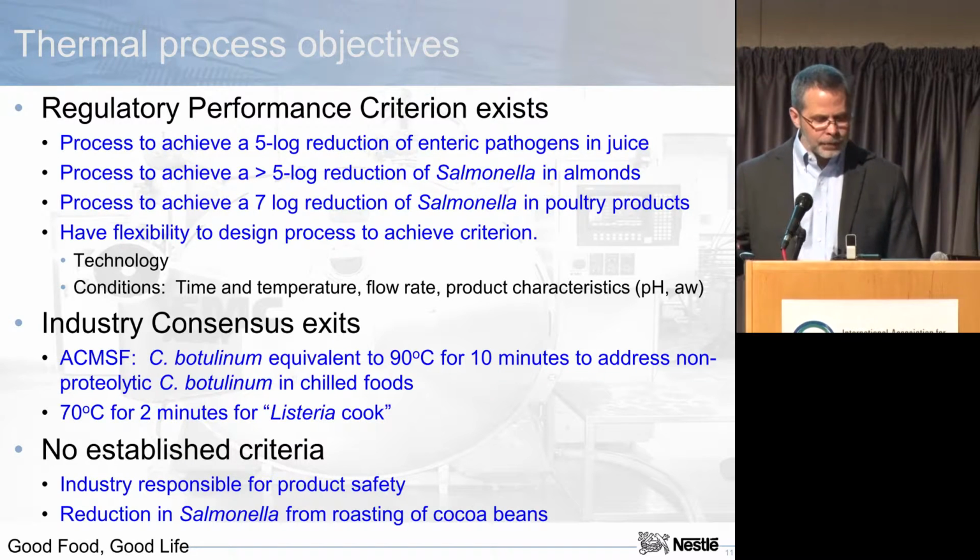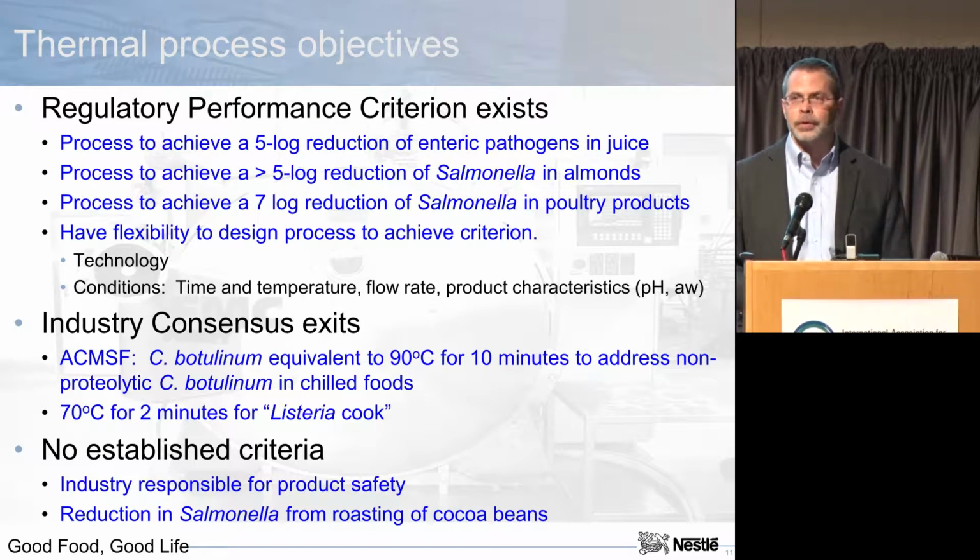And then we have this default for a Listeria cook that's been around for a while for Listeria in certain products. There are also cases where industry works together to create standards and best practices, such as the low acid standards, the nut handbook, some of the GMA work on low moisture foods, and the work IAFP is now doing on frozen foods and Listeria.